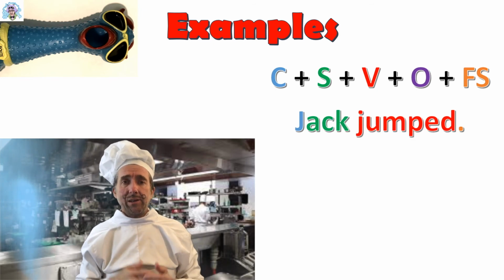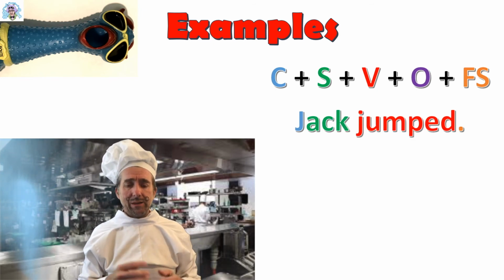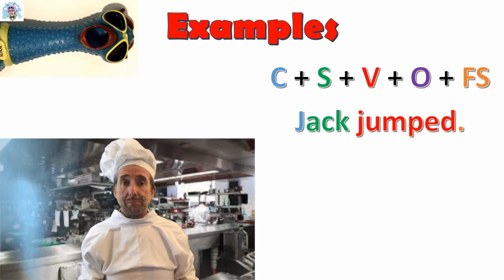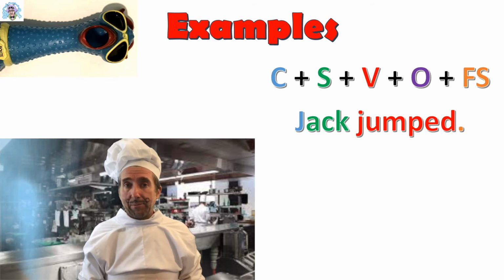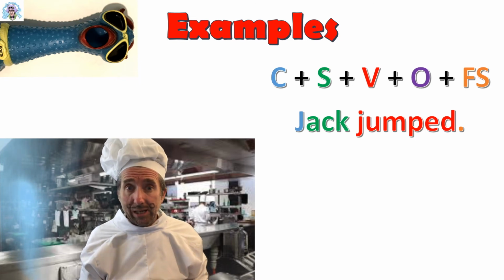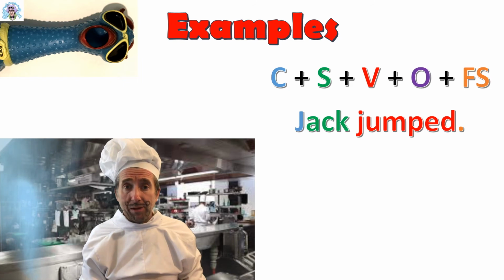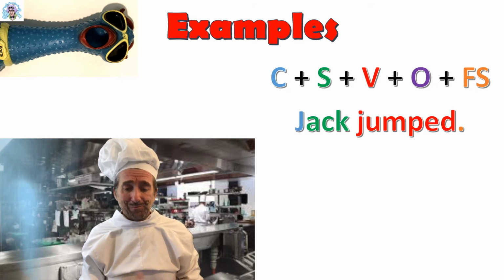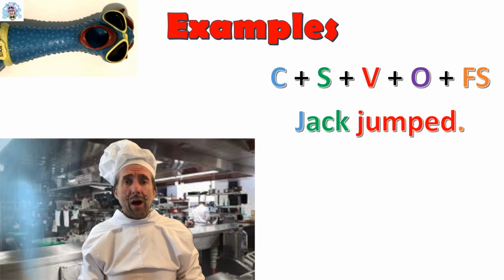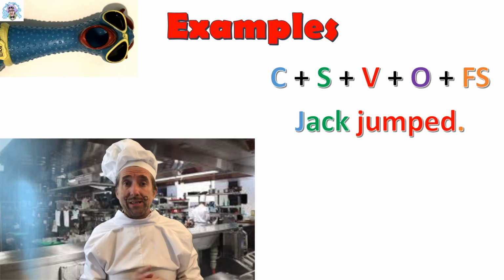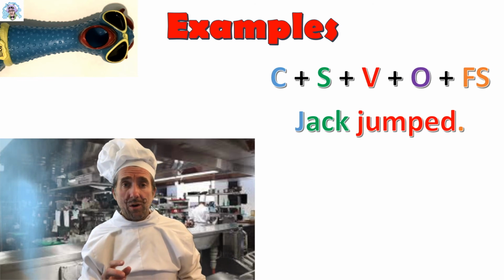So, Jack jumped. Now, in this one, I've got a capital letter at the beginning for Jack, which I've marked in blue because it's a capital letter, but you don't have to colour these letters when you write out. You should always just write out probably in black pen or pencil. Then I've got Jack, which is also written in green to signify that it is the subject in the sentence, which is the person or thing or pet or place doing the action.